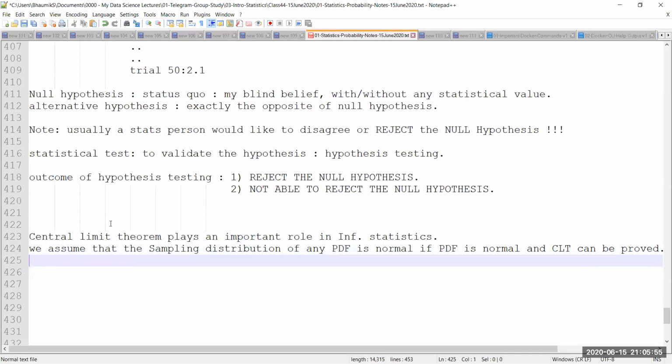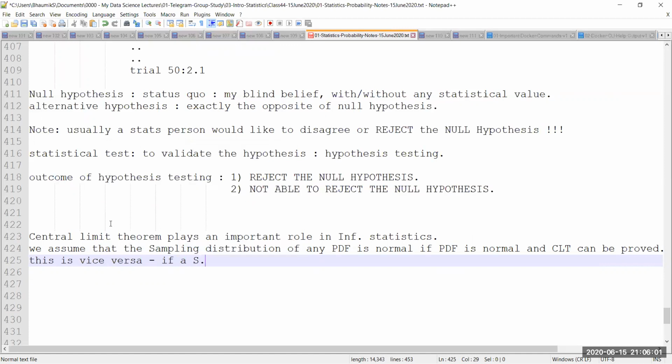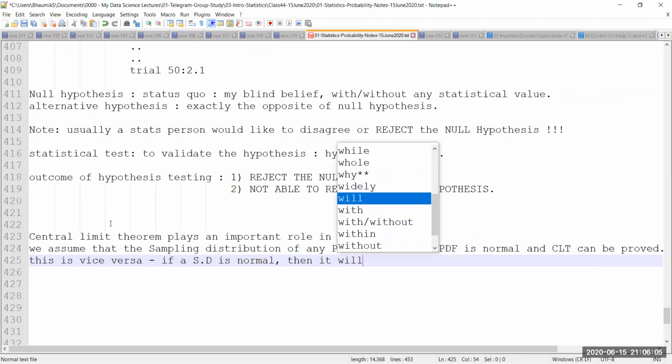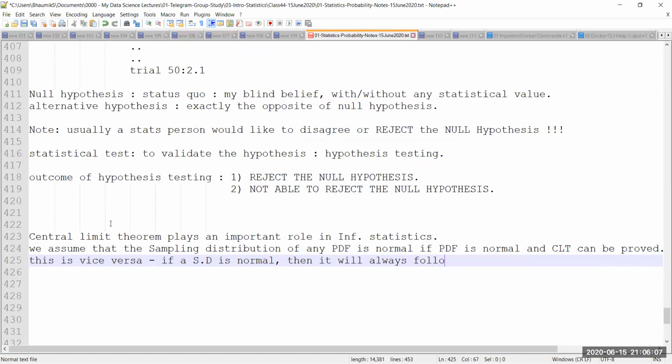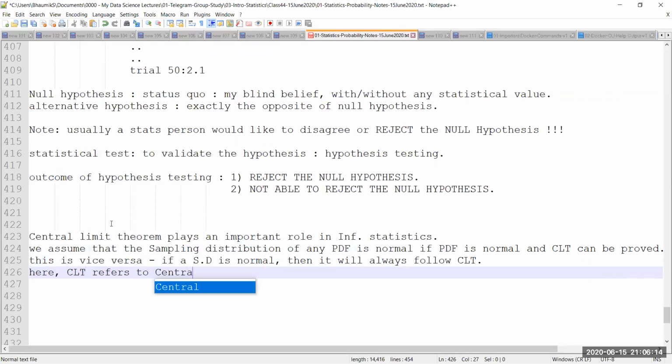Now this is vice versa: if a sampling distribution is normal, then it will always follow the central limit theorem. Here CLT refers to the central limit theorem.